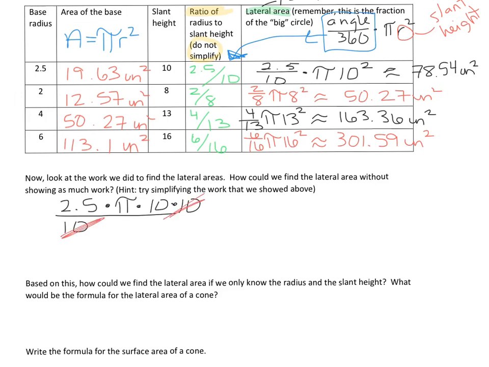So if I were to cancel one of the 10s on top with the 10 on bottom, I would actually then be left with 2.5 pi 10. Now, what I want us to think about is, where are those numbers coming from? Can we find these numbers somewhere else so that I could skip this whole process and go straight to here? And what I'm hoping that you're seeing is that, hey, yeah, I've seen a 2.5 before.